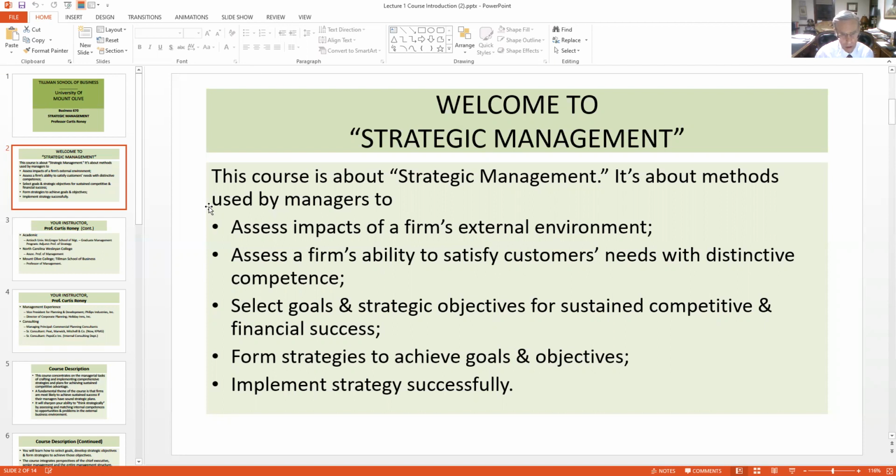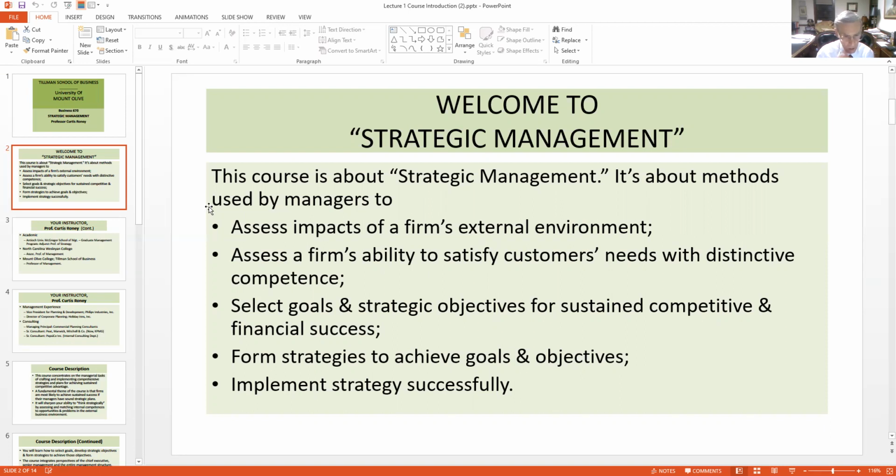So this course is, for better or worse, largely focused on the theory and the concepts of strategic management and strategic planning, whereas Business 671 is quite different. It's about methods and procedures that actually take place, the real work of doing strategic planning and implementing it.